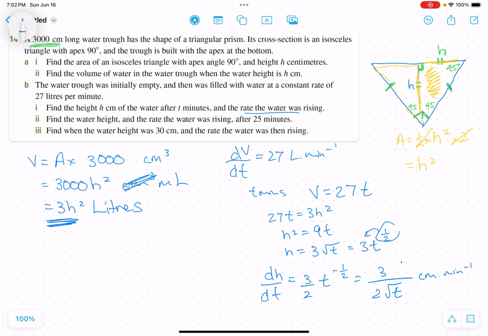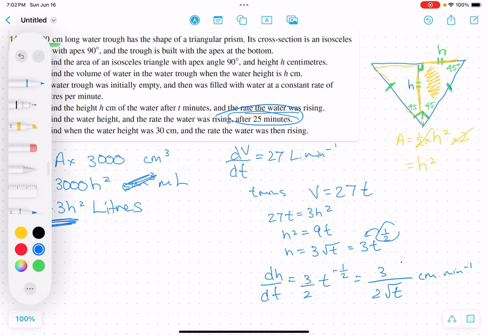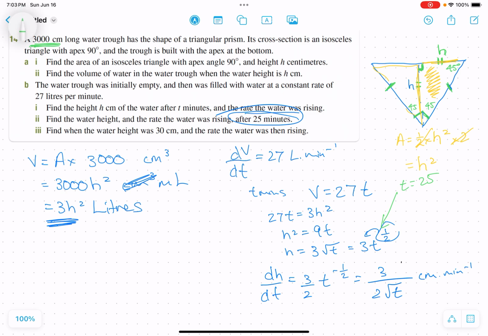So then the next thing I want to do is find the water height and the rate after 25 minutes. So I'm just going to put t equals 25 into those equations that we just found. My height would be 3 times root 25, which of course is 5, so I've got 15 centimetres as my height after 25 minutes.